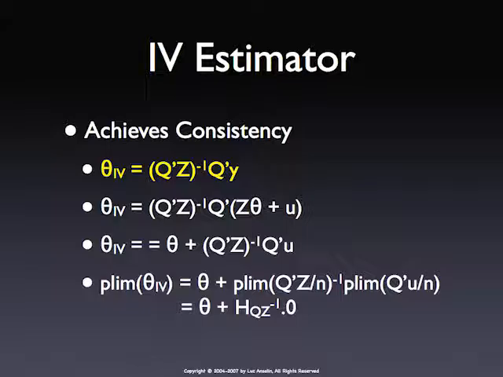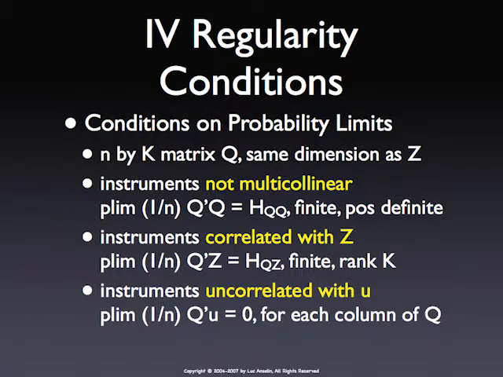In the previous slide, if I go back, here's our Q prime Z, that in the limit goes to some fixed matrix that is finite, is not 0, has full rank. And here is our Q prime U, which we've assumed in the limit to go to 0.